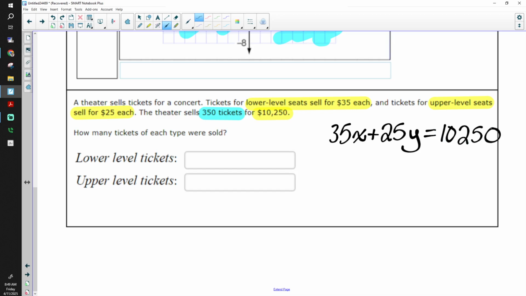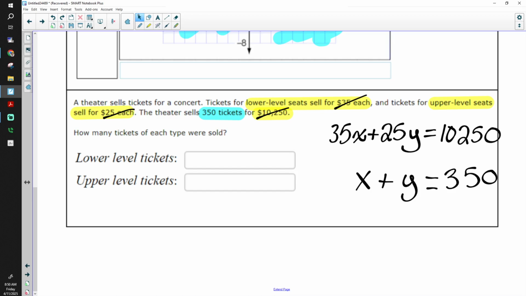This is my first equation for my system. Okay, so I've used my 35 each, I've used my 25 each, and I've used my 10,250, and now I just have my tickets. When you just have your little loner left over, we're always going to have x plus y equals the one that does not quite belong.